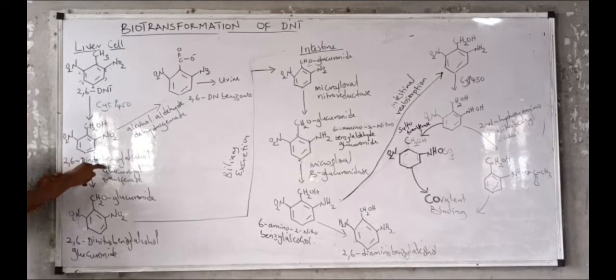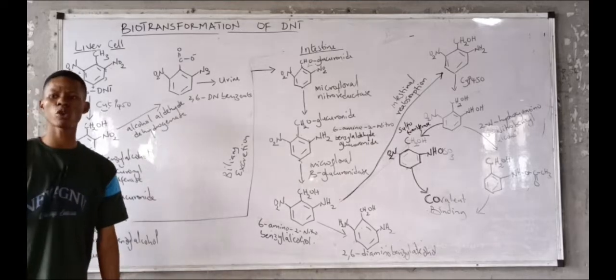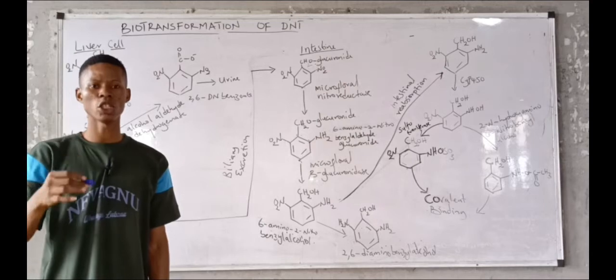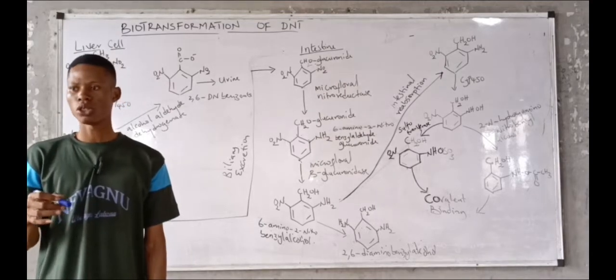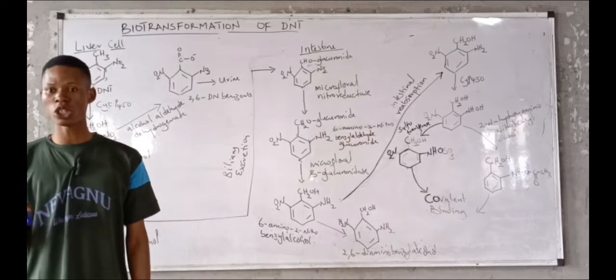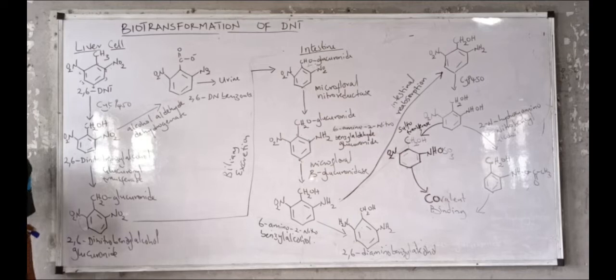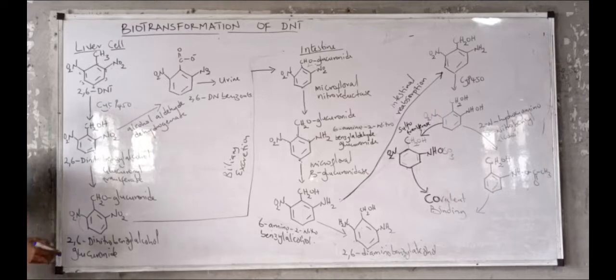So the 2,6-dinitro-benzyl alcohol now can undergo conjugation with glucuronide. And remember, in conjugation with glucuronide, what is the donor? UDP what? Glucuronate, right? UDP glucuronate. And the enzyme is always what? UDP glucuronide transferase or glucuronosyl transferase, right? Alright, so here we use glucuronide transferase.